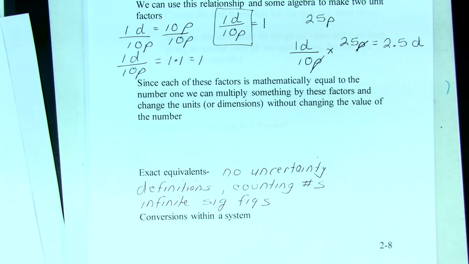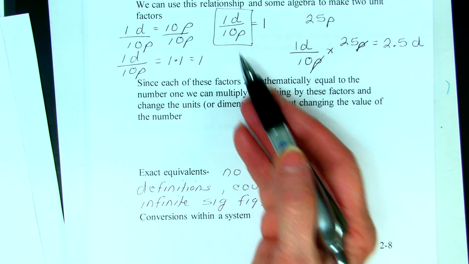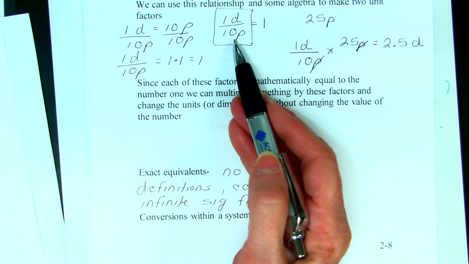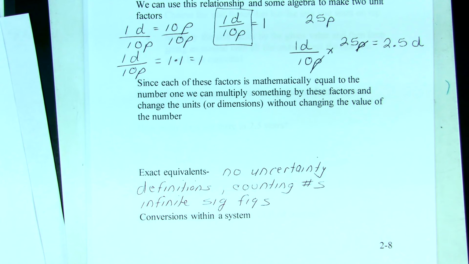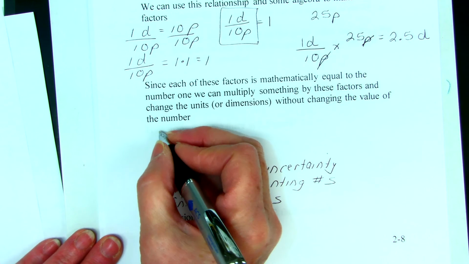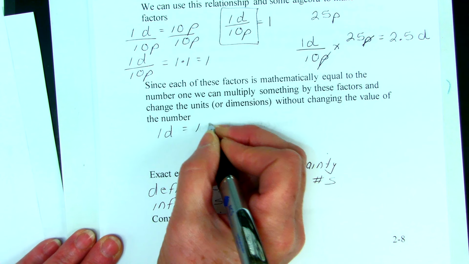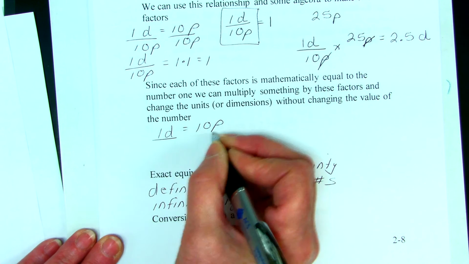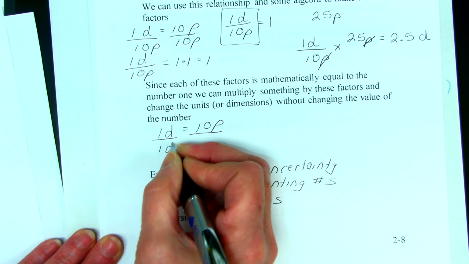So we're going to talk about this as we go through this conversion factor process. Now, I came up with this 1 dime over 10 pennies and showed you how it works. The interesting thing is, for every equivalency, you can actually get two different factors. So I have 1 dime is equal to 10 pennies. And now I'm going to divide both sides by 1 dime.